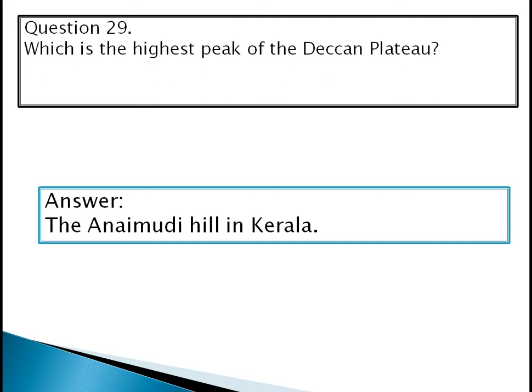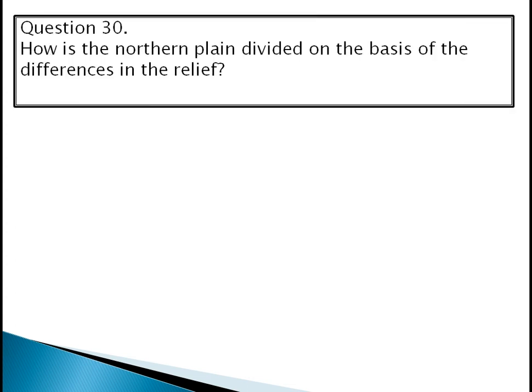Next, moving toward question number 30. How is the northern plain divided on the basis of the differences in the relief? So here the question is speaking about how the northern plain is divided on the basis of differences in the relief.